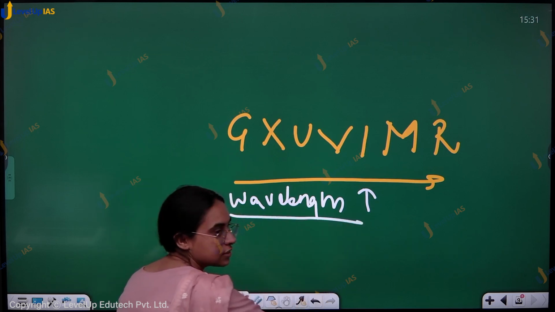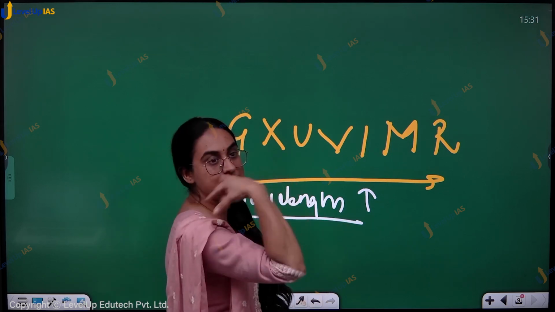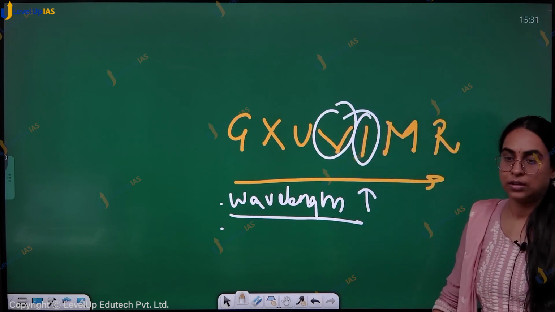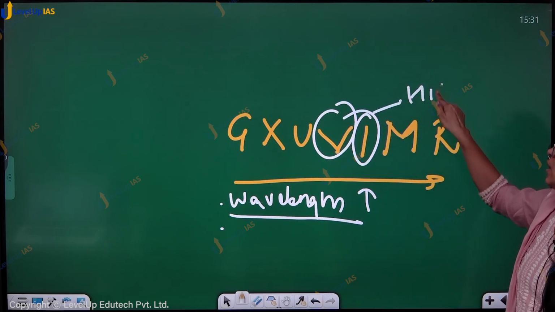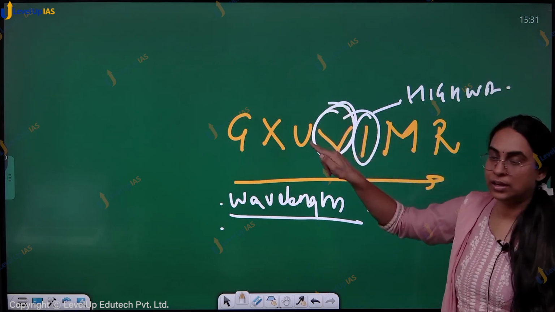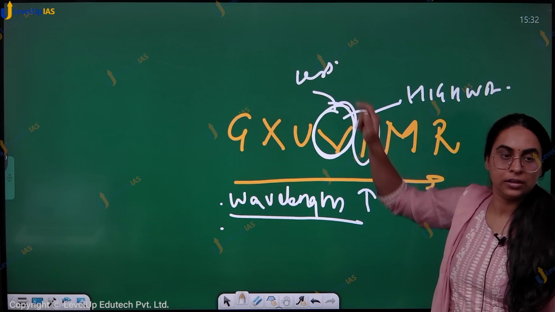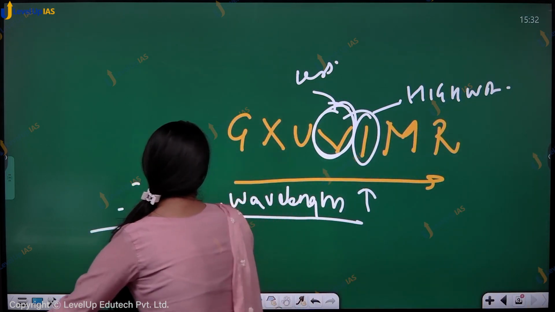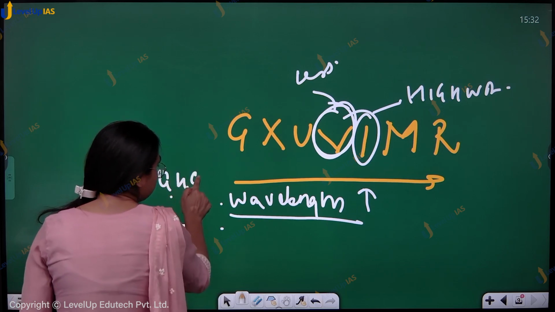Moving from gamma towards radio, wavelength is increasing. So what has more wavelength, visible or infrared? Infrared has higher wavelength. Visible has less wavelength. Why am I telling this? Because of your atmosphere. In the atmosphere you have greenhouse gas.